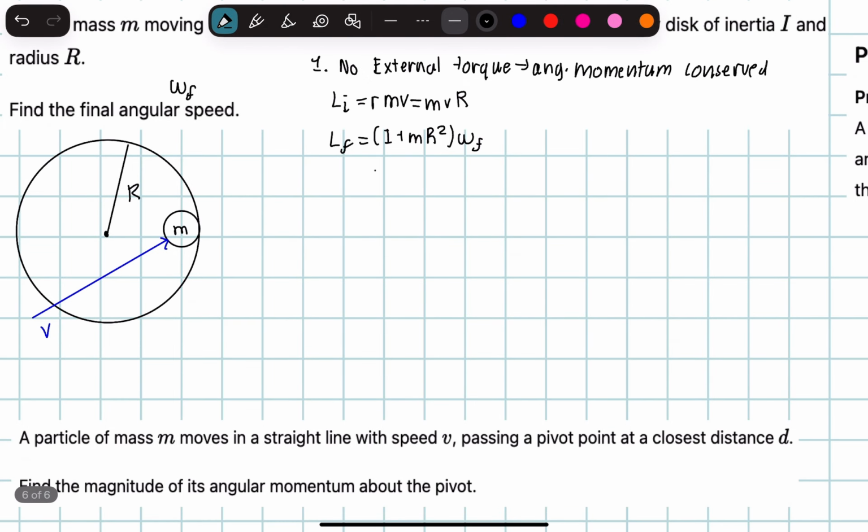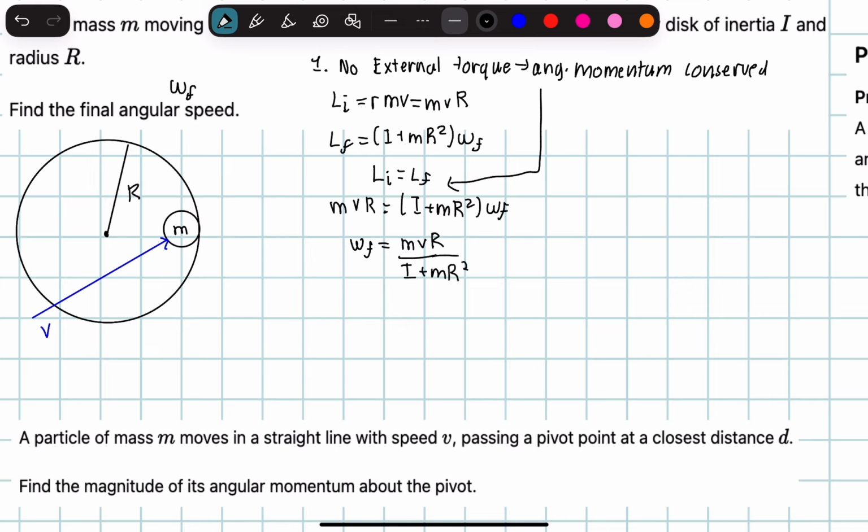Setting these two equal from conservation, we have m v R equals I plus m R squared times omega final. We just want omega final, so we divide both sides by I plus m R squared, and we have m v R divided by I plus m R squared as our final solution.